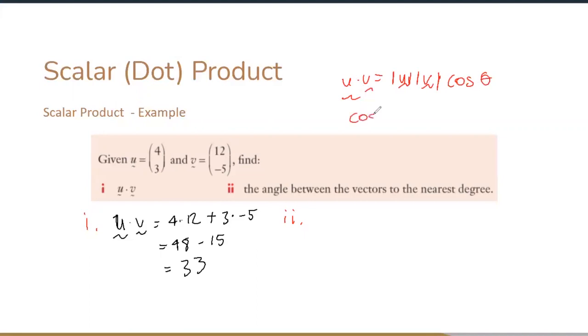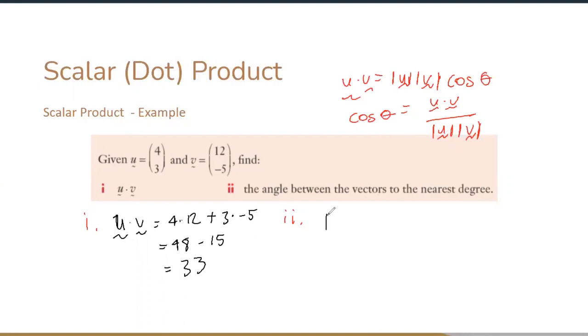And so we rearrange this to be cos theta is equal to u dot v all over the magnitudes of u times v. So what we're going to be doing from here is finding these quantities. We've already found u dot v, the dot product between u and v. Now we just need to find the magnitudes, and then we can rearrange this to find our angle theta, and that's exactly what we want to be doing.